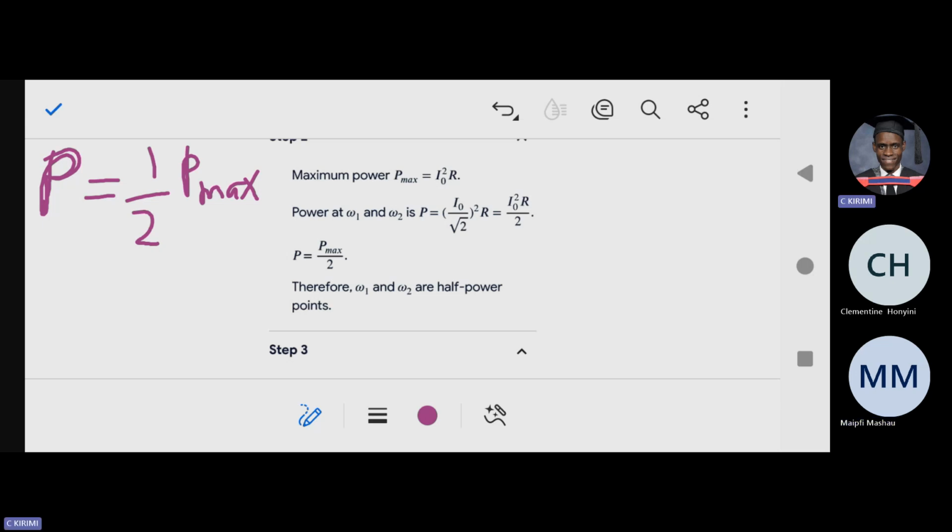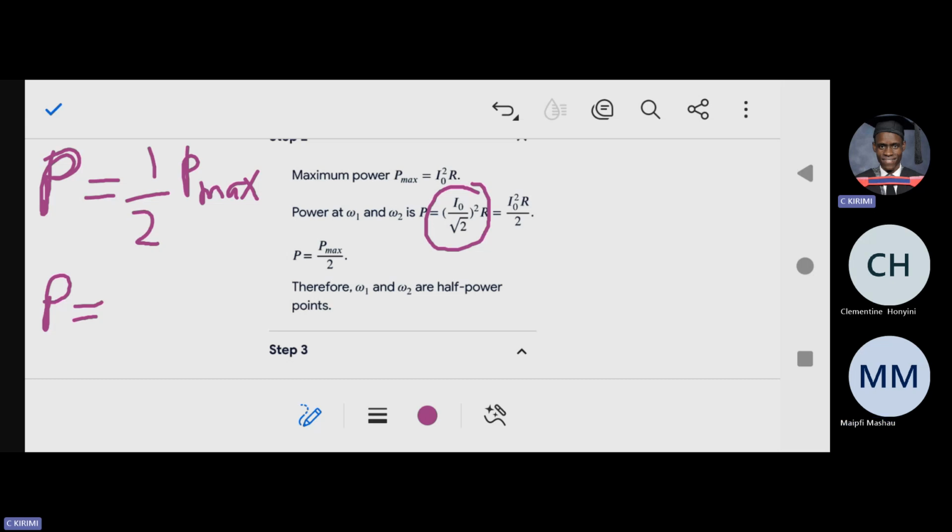So the power at W1 and the power at W2, which is the P we are having, is equal to I naught over root of 2 squared multiplied by R. That is the power at W1 and W2.